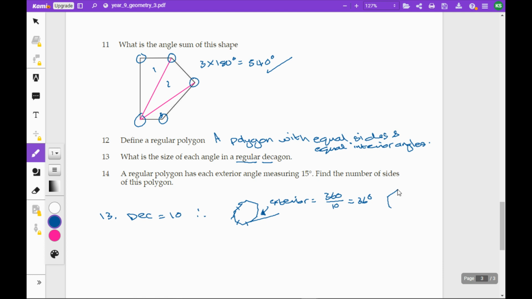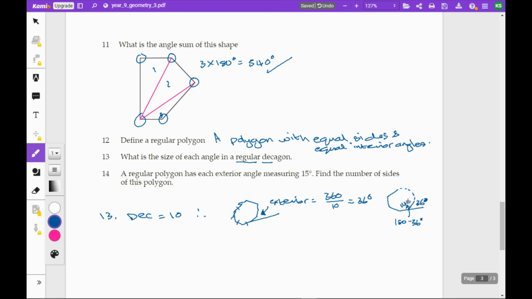So however many ways you actually get to see that, if this angle is 36 degrees, and let's suppose it continues all the way for 10, and that's 36 degrees, then this angle here is going to be 180 minus 36 degrees, which will be the interior angle. 180 minus 36 is 144.